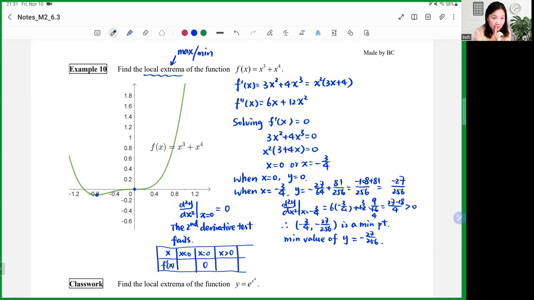Don't go too far. Maybe negative 0.1, negative 0.2. What is too far? Here is too far. Negative 0.75 is too far because you're not supposed to go to the other side.